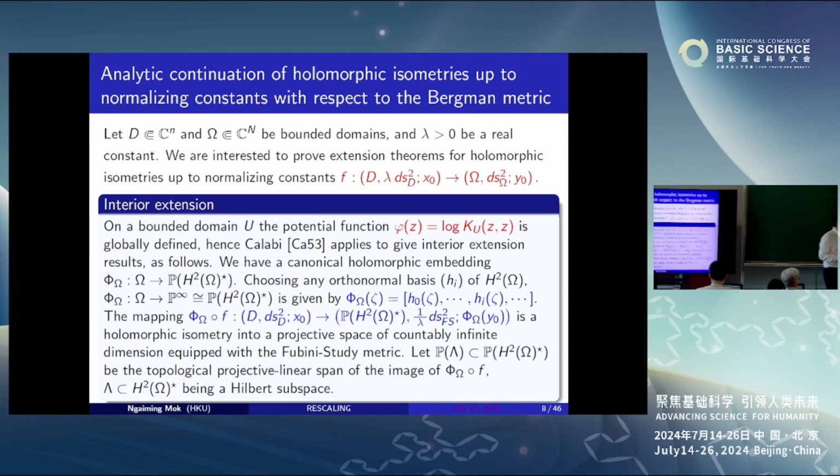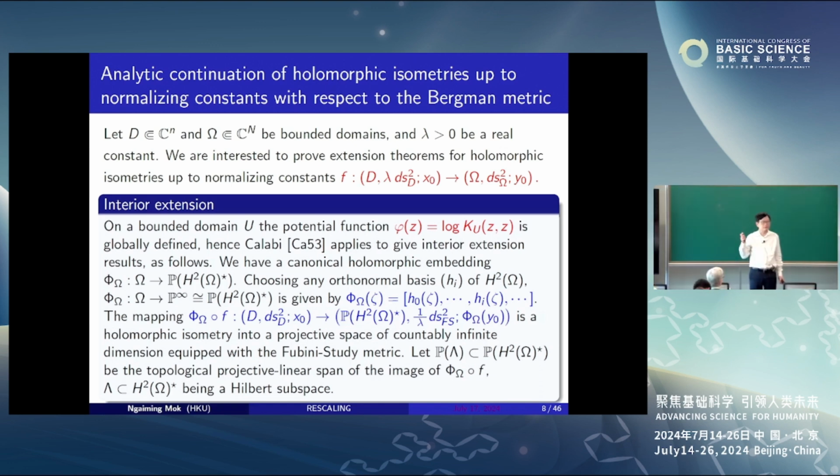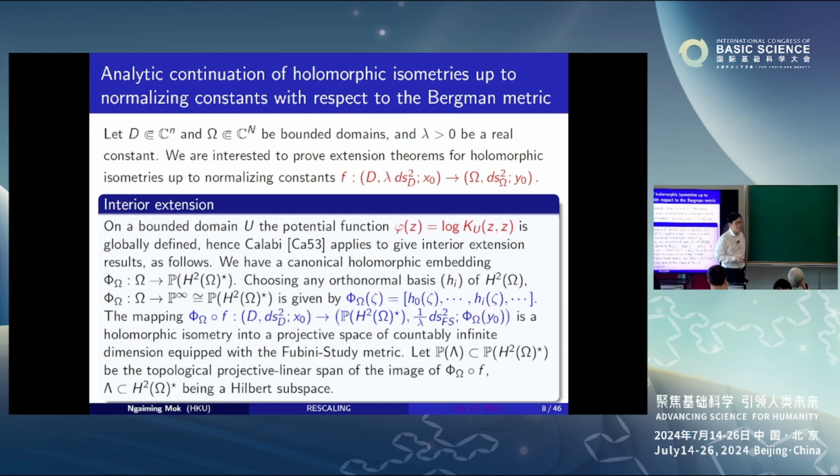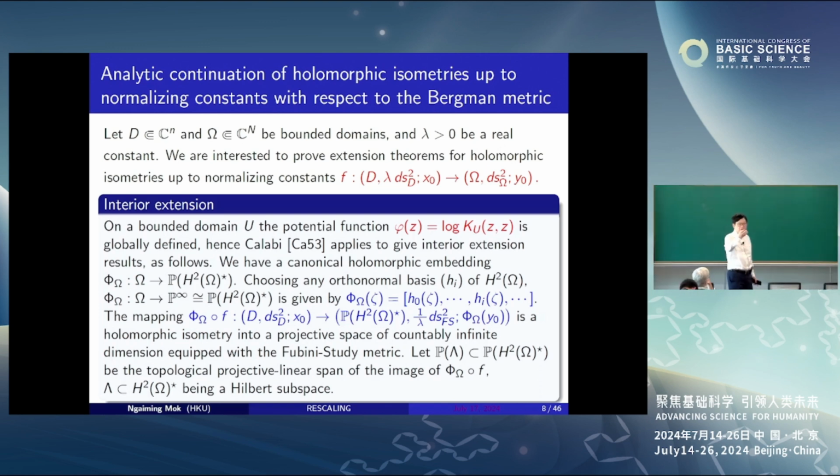It turned out that actually, if you make use of complex analysis in the way that I did, using the polarization, introducing an extra set of variables, polarizing, then actually the interior extension follows from Calabi already. Calabi says that you can extend if it's a map into P^n. And this P^n can be P infinity.